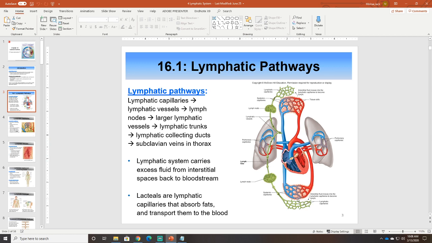So that excess fluid is picked up in the tissues by the lymphatic capillaries, carried through the lymphatic vessels to the lymph nodes, and then from there through larger lymph vessels, ducts, etc., back to the subclavian vein and into the superior vena cava. Returning that fluid back into the bloodstream.